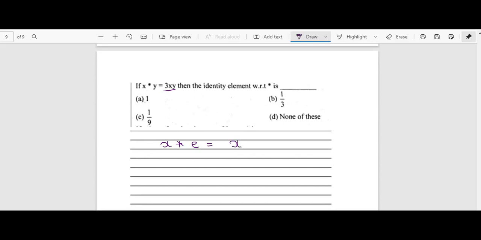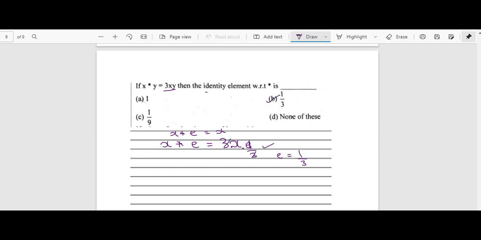In this case, I am going to get 3xe, and actually I should get x directly. That is only possible if my identity element is 1 by 3. Because if I plug in 1 by 3 instead of e, I would get x directly. So here B would be the answer.